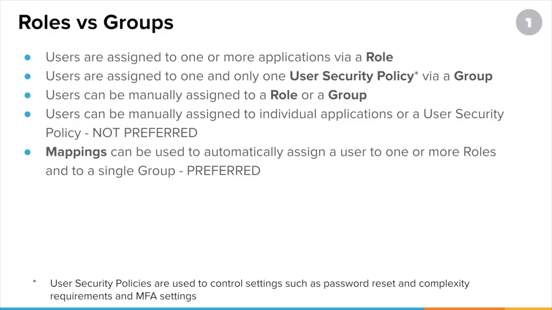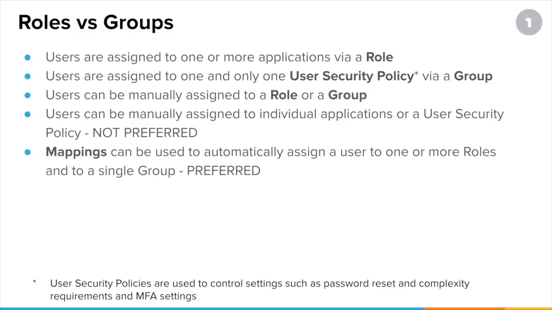Simply stated, users that are assigned to a OneLogin role are in turn assigned to any applications associated with that role. So users are assigned to one or more applications via a role. And users can belong to multiple roles. There might be a role that is for, say, a department they belong in, and thus any applications that everybody in that department needs are assigned to them based upon the fact that they're in that role, and that role is associated with those applications.